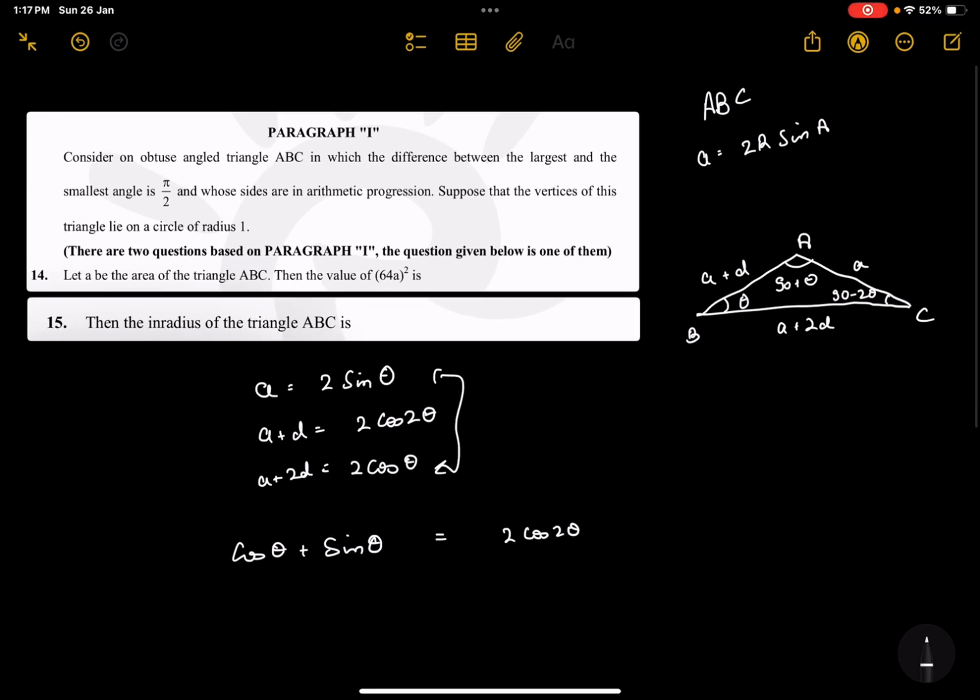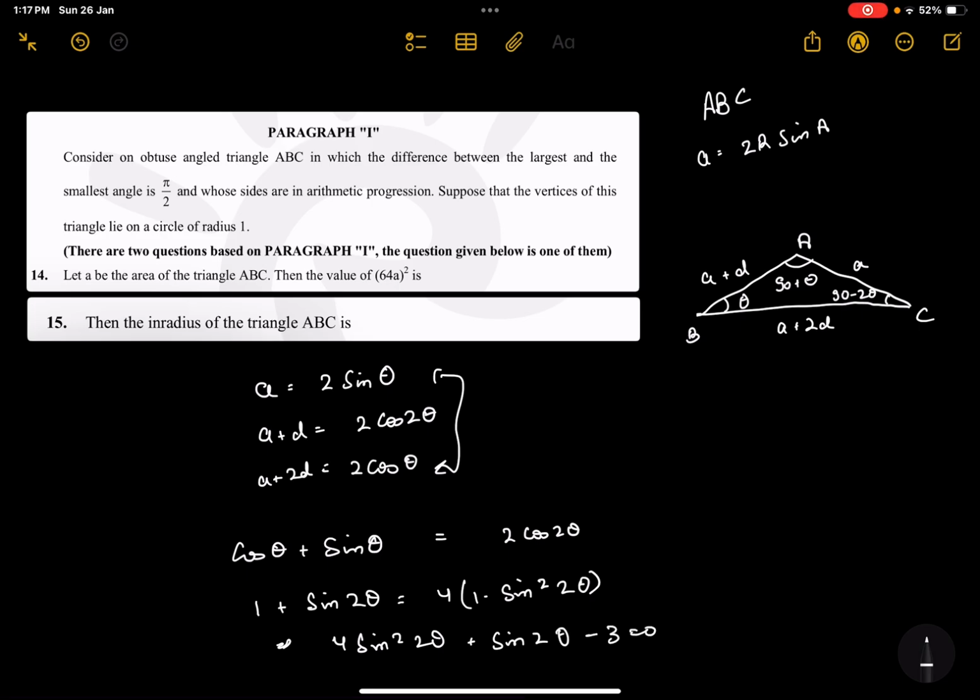So squaring this equation, we get cos square theta plus sine square theta, which becomes 1, plus 2 cos theta sine theta, which becomes sine 2 theta. 4 cos square 2 theta can be written as 4 times 1 minus sine square 2 theta. So we are left with 4 sine square 2 theta plus sine 2 theta minus 3 equals 0.